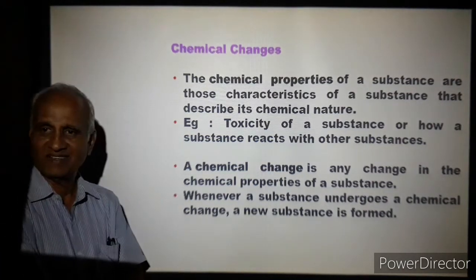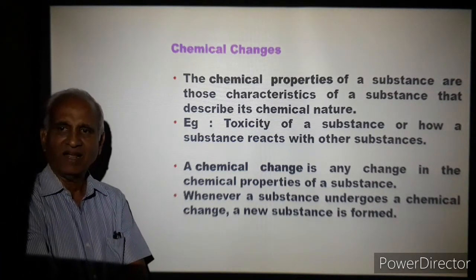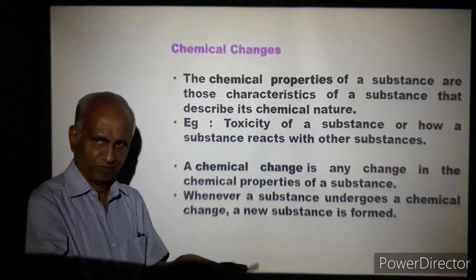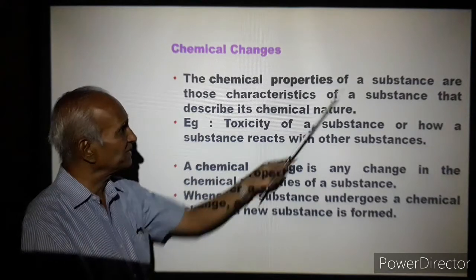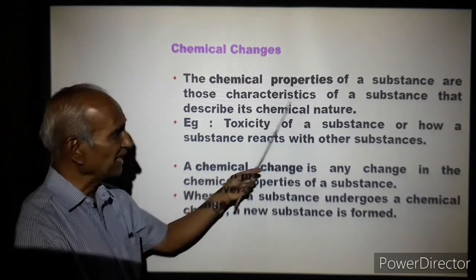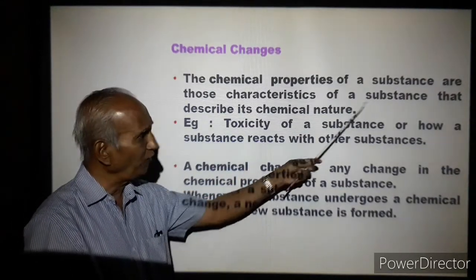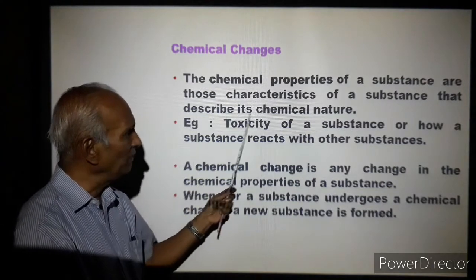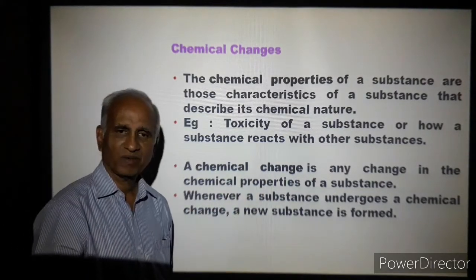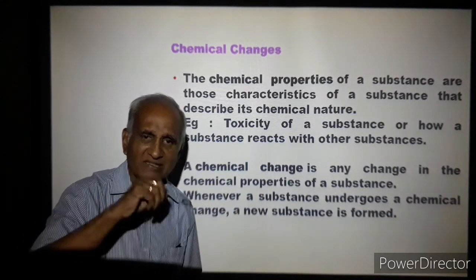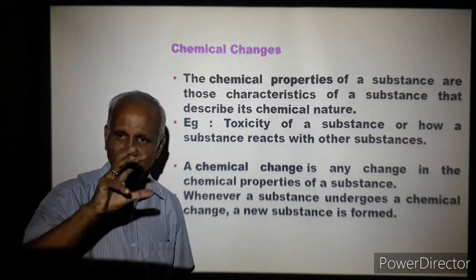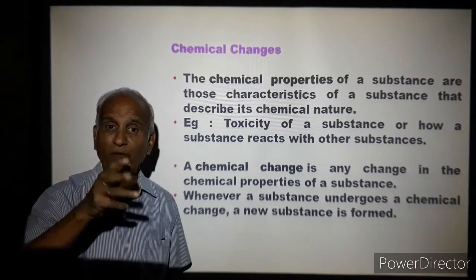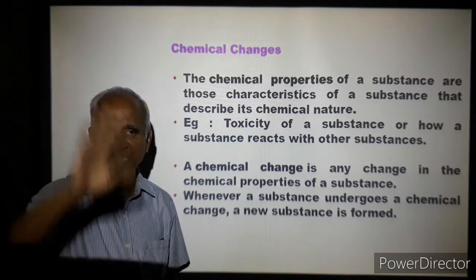Chemical changes. Let's see what chemical changes are and you will be able to compare the two. The chemical properties of a substance are those characteristics of a substance that describe its chemical nature. The chemistry of the substance changes. The very chemical makeup of that substance will undergo a change.